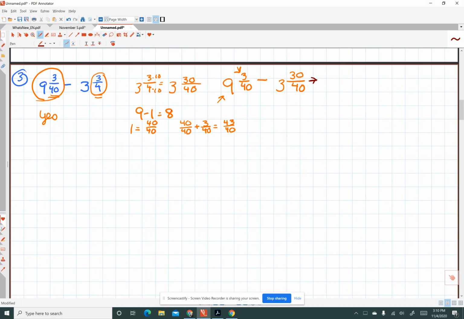So now I still rewrite the problem. So that would be 8 43/40 minus 3 30/40. 8 take away 3 is 5. 43 take away 30 is 13/40. And that's fully simplified, and that's a final answer.